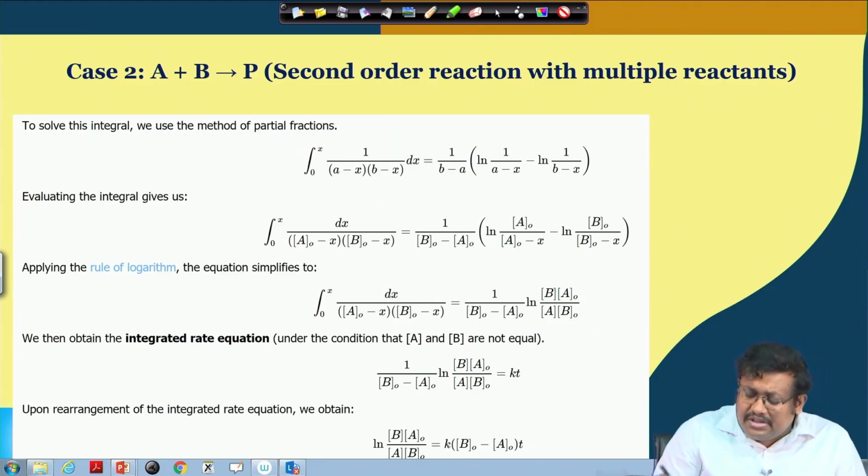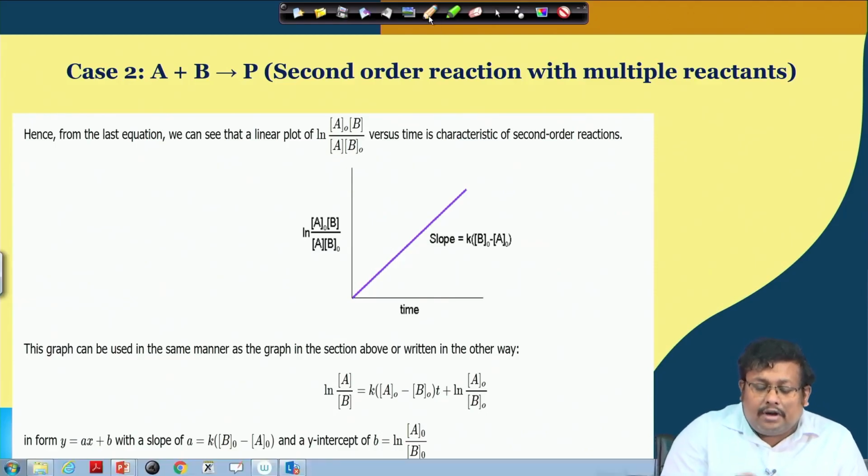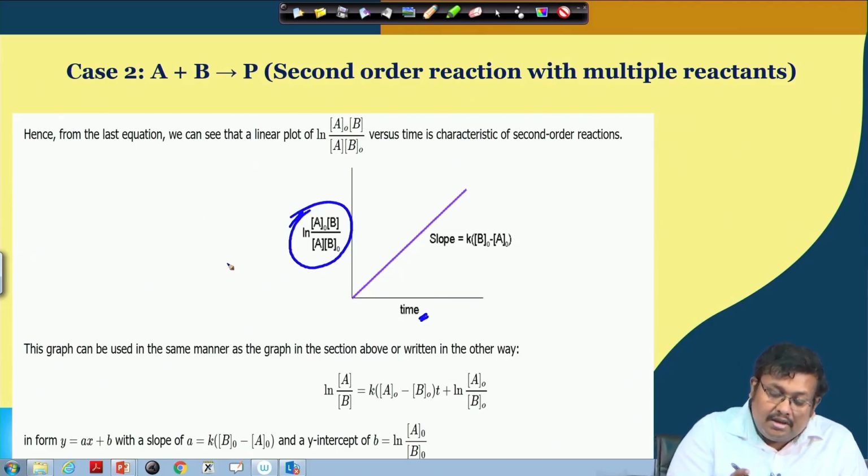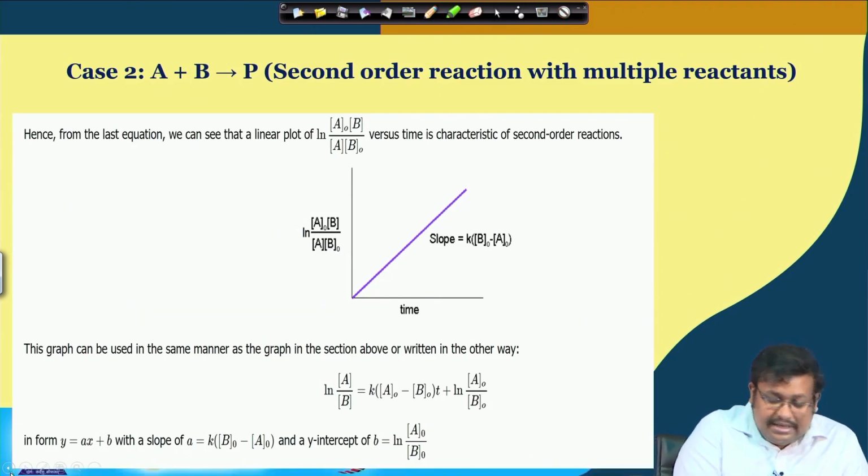So, from this equation, a linear plot we can get if we plot time versus the logarithm of this expression. So, ultimately if we go back it will be clear.